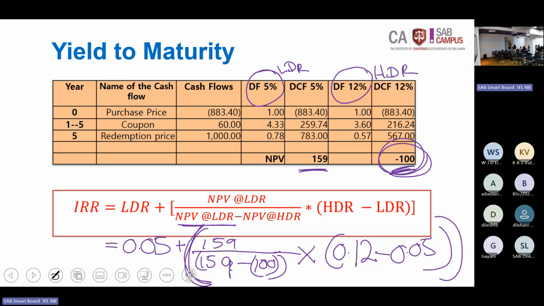And then 159 divided by 259 multiplied by 0.07.